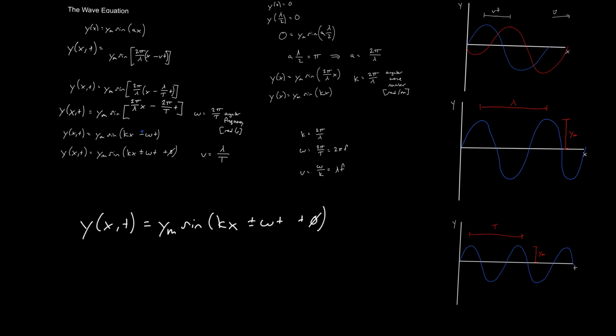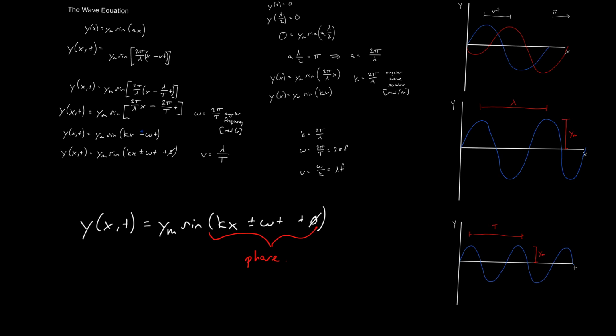Omega, angular frequency. Phi is the phase constant. And this entire argument of the sine function here, this is called the phase of the wave. So that's part of the learning objectives. I thought I'd highlight it really quickly.